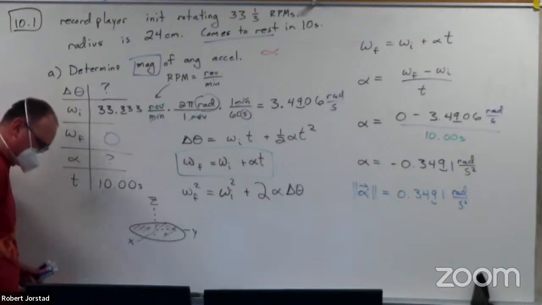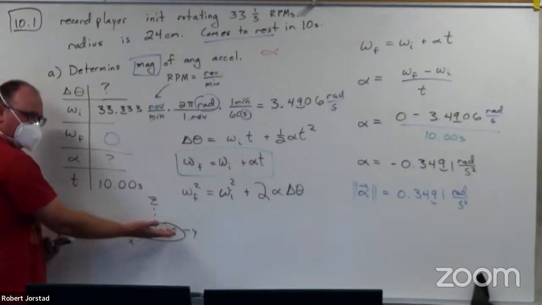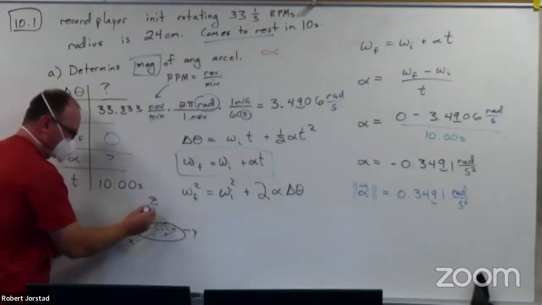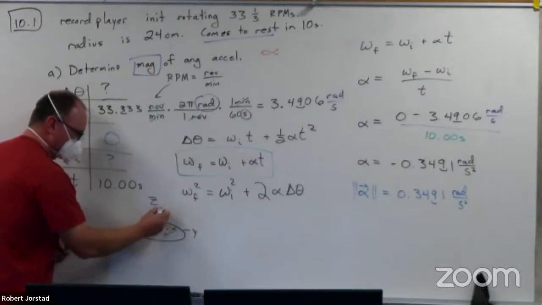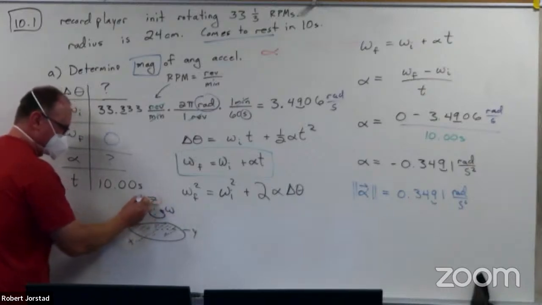Isn't this normally how a record player looks? There's a record on a flat surface. Usually we would call that X and Y. And so it's rotating. This is the direction it's rotating. And so which direction is it angularly accelerating? The other direction, right?